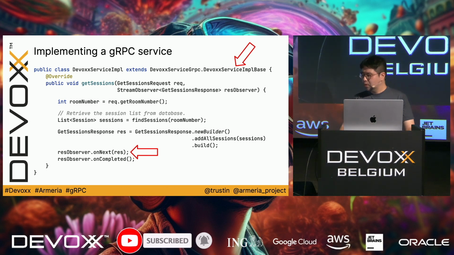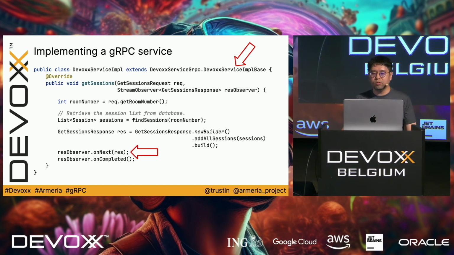What's interesting is that we do not return the result object, but we use some kind of callback called observer to send a response. It's basically because all the services in gRPC are asynchronous by default.